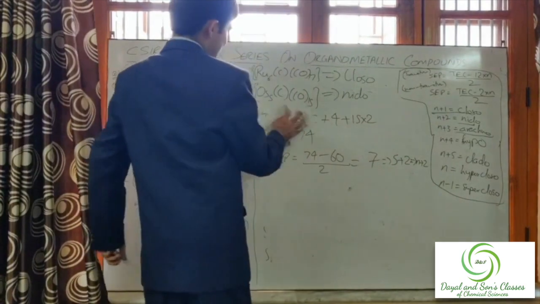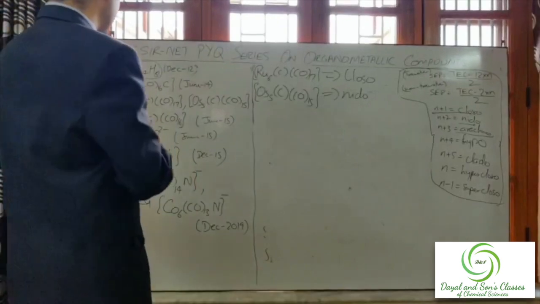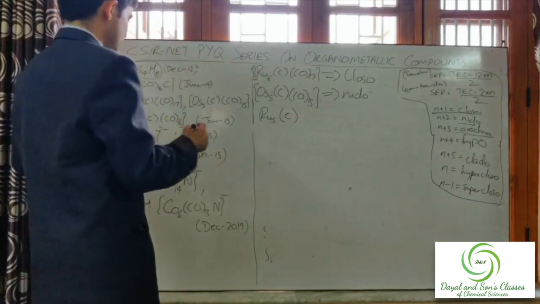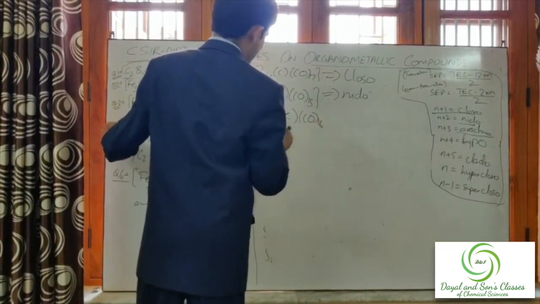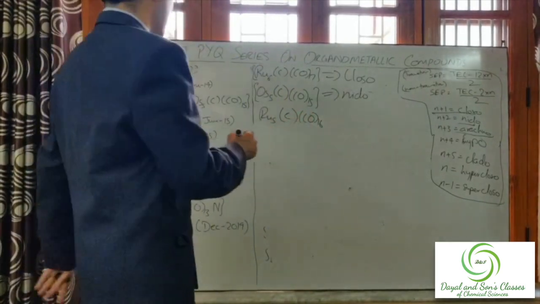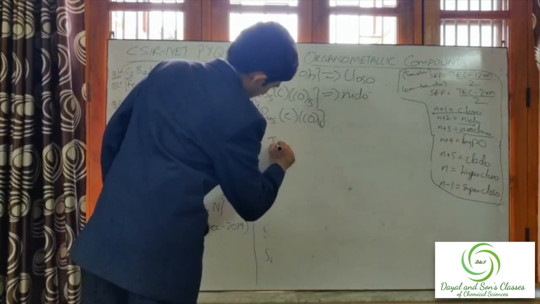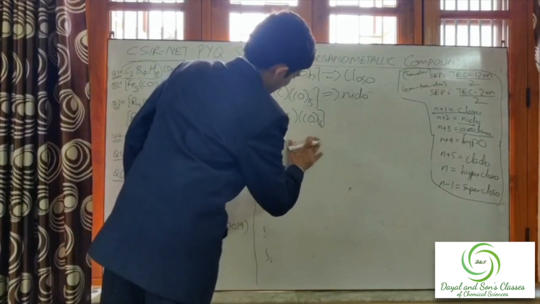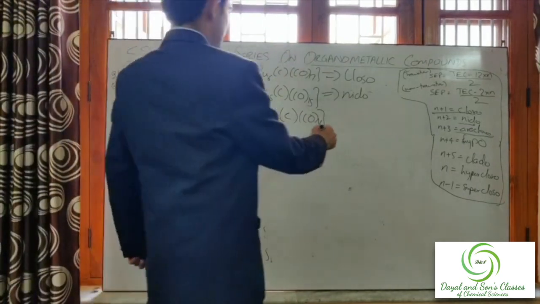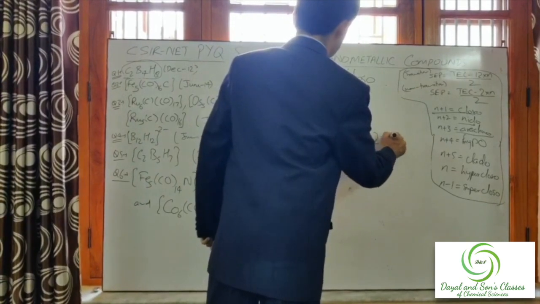Now let's check the third one, which says Ru5C(CO)16. Ruthenium contributes 8 electrons for 1, for 5 it will be 8 into 5 plus 4 plus 2 into 16.